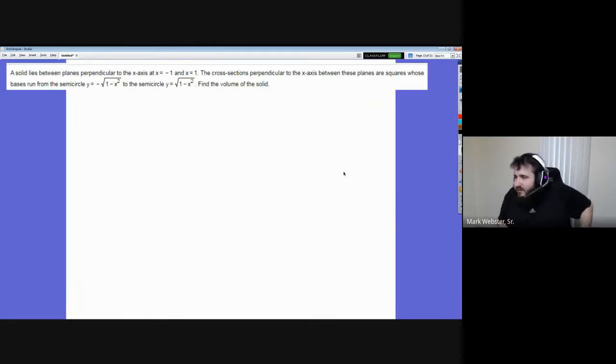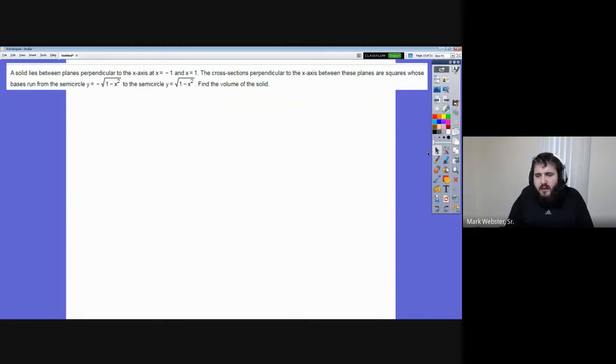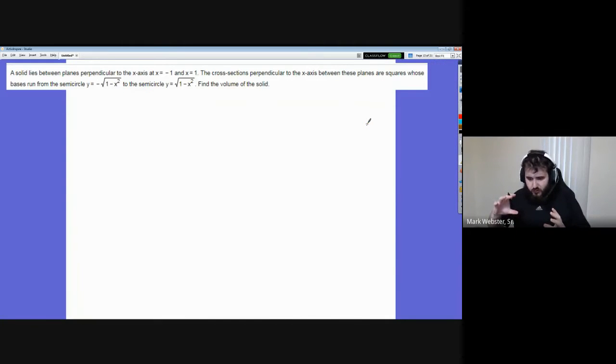All right, lots and lots of words here. But what's really happening is they're giving you the boundary lines of the curve that the cross section is going to sit on. They're telling you it happens from -1 to 1.